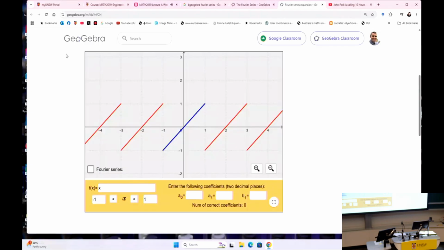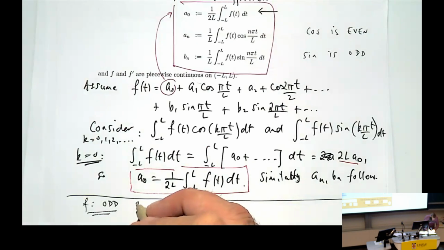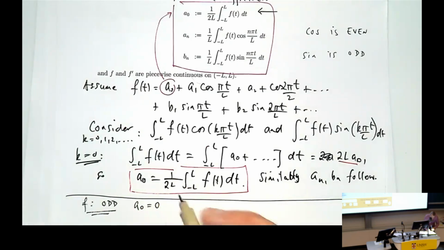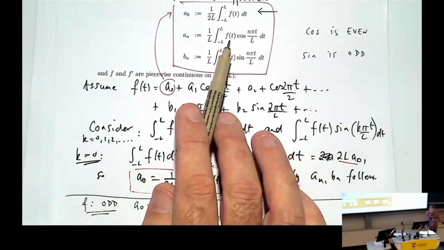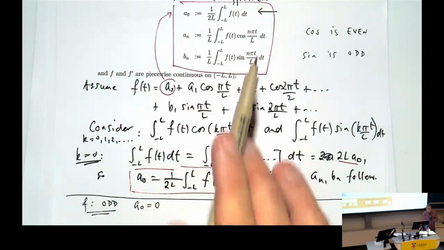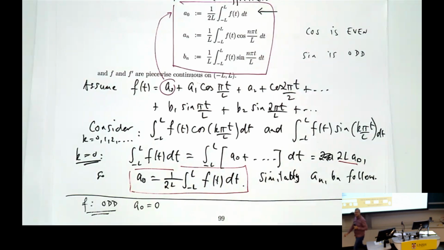So what about A sub n? I've got an odd function times an even function. What is odd times even in terms of functions? It's odd. So it's the same situation. You've got area above the axis, area below the axis, and they're going to cancel each other out.